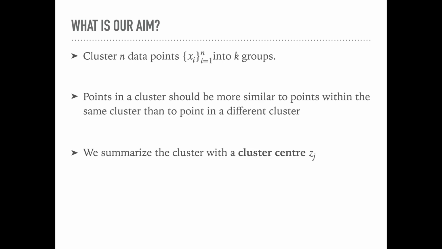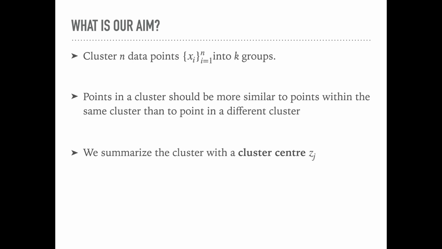So what's our aim for today? Our aim is to take a set of data which consists of n points in p-dimensional space, x1 through to xn, and we want to somehow cluster them into k groups. How do we want to cluster them into k groups?